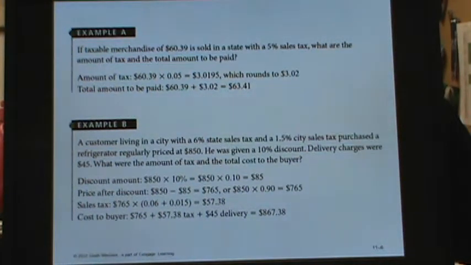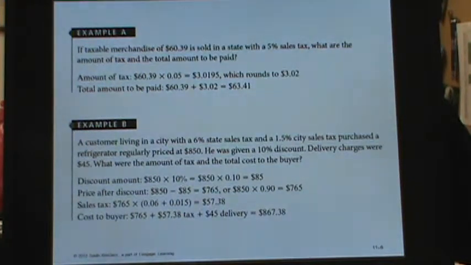That total amount to be paid, we add that $3.02 to our $60.39, and the total that we're going to pay is $63.41. Example B: a customer living in a city with 6% sales tax and a 1.5% city tax, purchasing a refrigerator regularly priced at $850, was given a 10% discount.